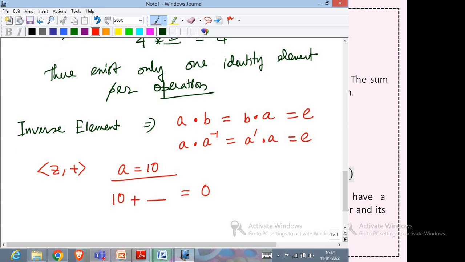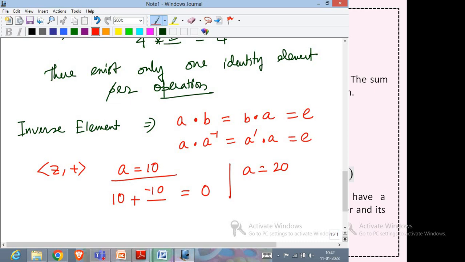So what will be that gap? Fill in the gap such that it becomes 0. So basically you have minus 10. Suppose I take A as 20. What will be the inverse element? Minus 20. So it means that for a given set there will be one identity element, but there can be n possible inverse elements based on whatever elements you are considering.